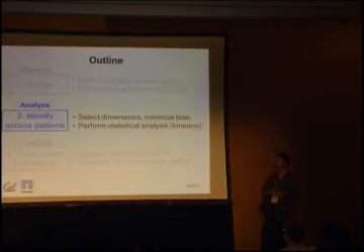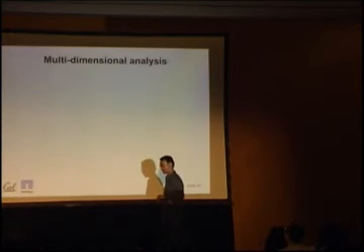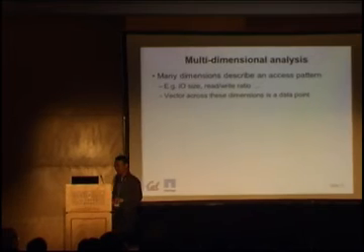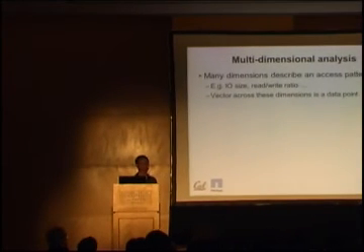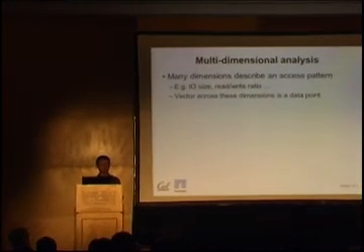So now that was the traces, and now we'll do some analysis on these traces. As mentioned before, we do multidimensional analysis. The reason for that, again, is because we have many ways to describe an access pattern.